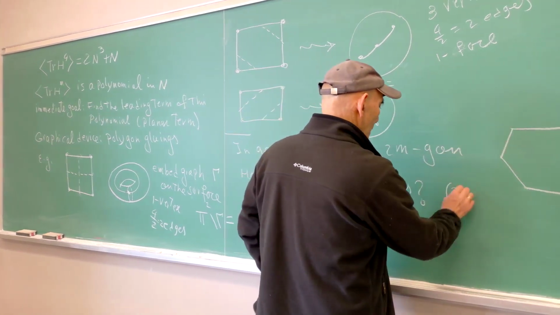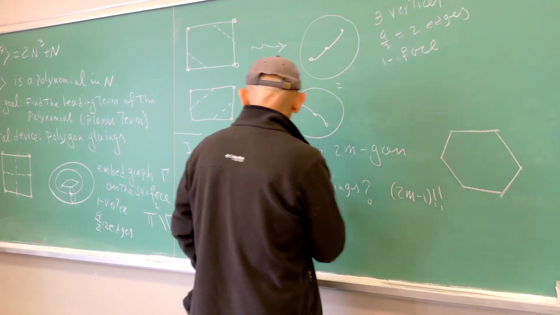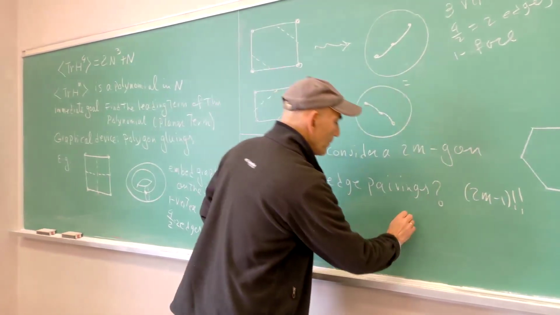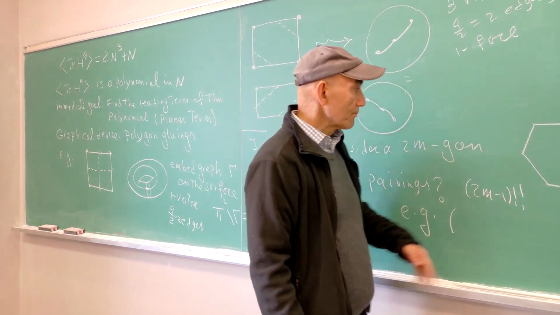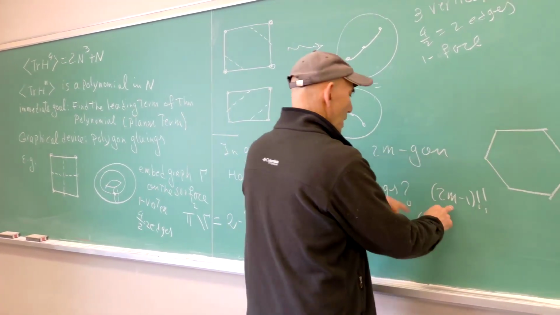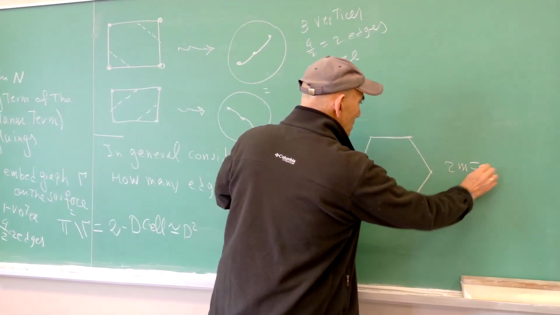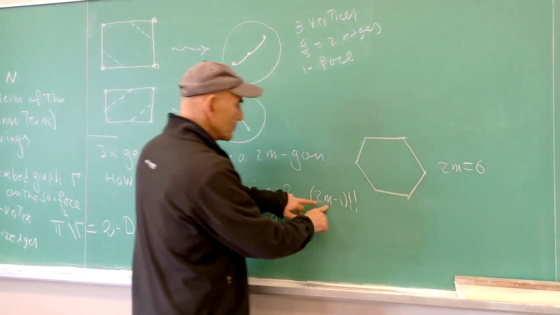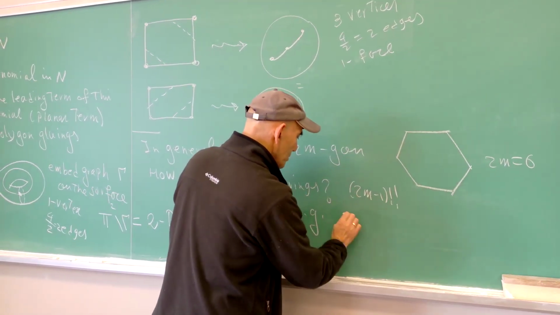In this case, m is 3, we get 5 double factorial.